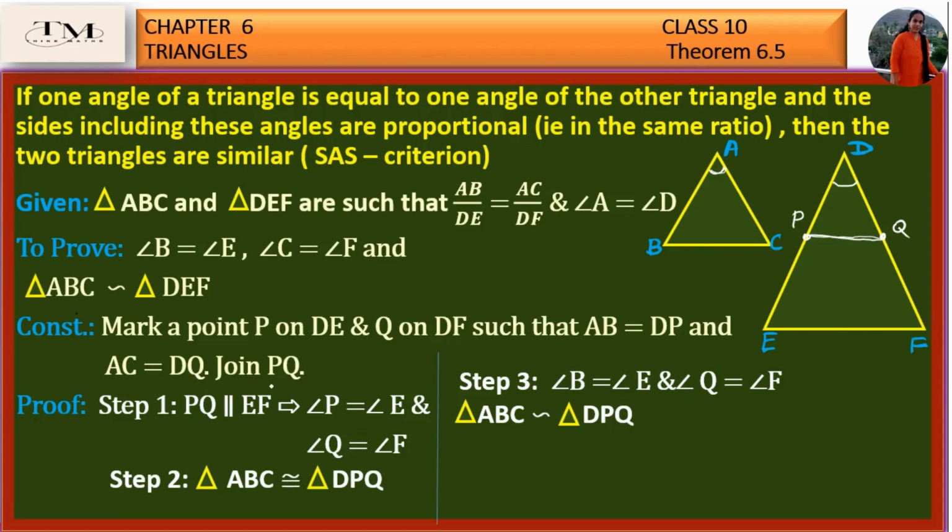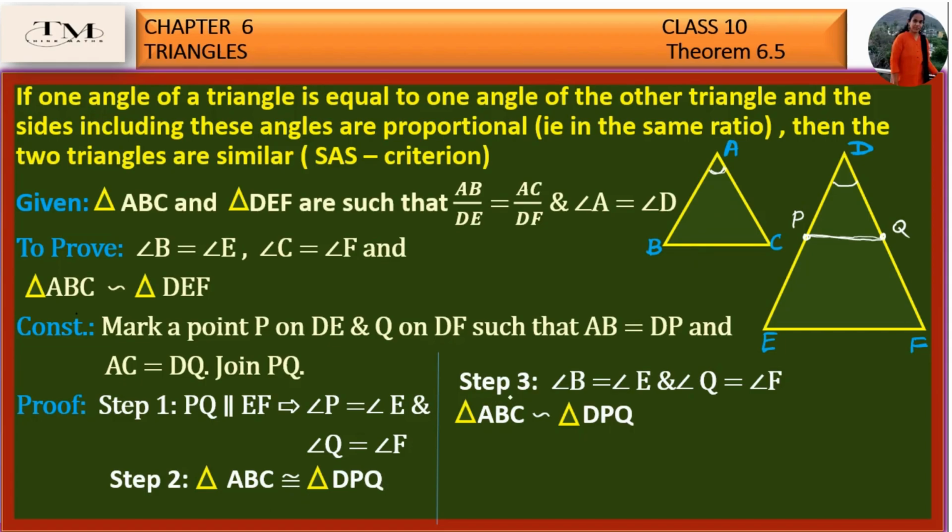So, what are the steps we have to prove? First step, we have to prove PQ is parallel to EF. If we prove this, we will get corresponding angles equal, so angle P is equal to angle E and angle Q is equal to angle F. Next, if we consider triangle ABC and DPQ, the angles will be equal, so we will get congruency.